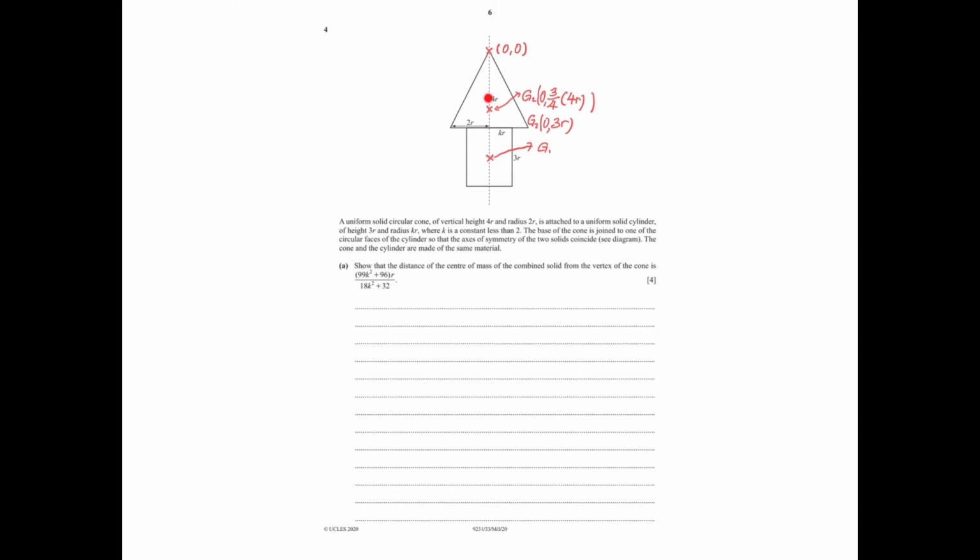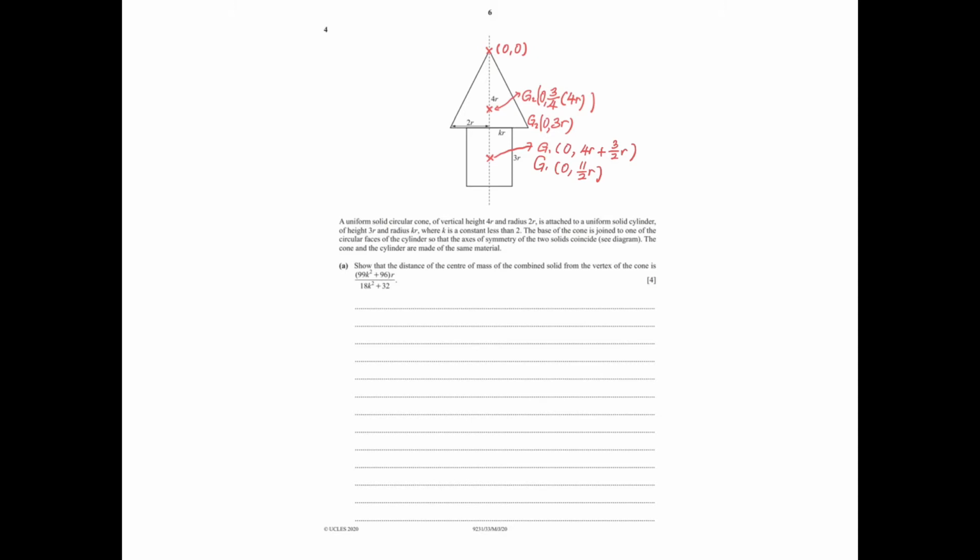It takes 4r from here to here, and another 3/2 r from here to here. So in coordinates form, the x coordinate remains as 0, and 4r plus 3/2 r for the y, and after simplifying you will get 0, 11/2 r.